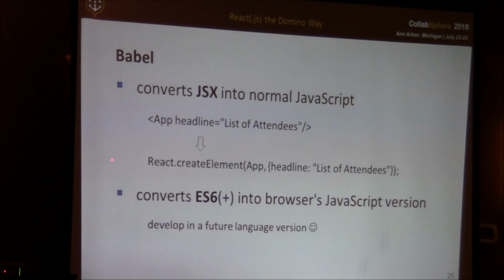So it's just plain vanilla JavaScript. And the other things from ES6, there's already ES7 and ES8 out, for instance async. All these things also get transformed into old plain JavaScript, so that the browser is able to execute it.